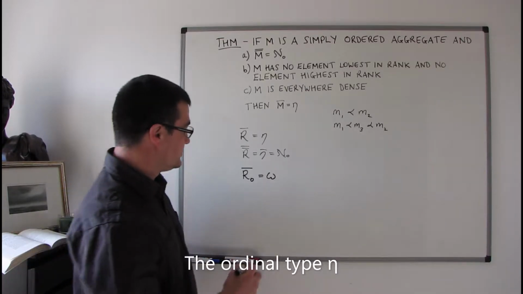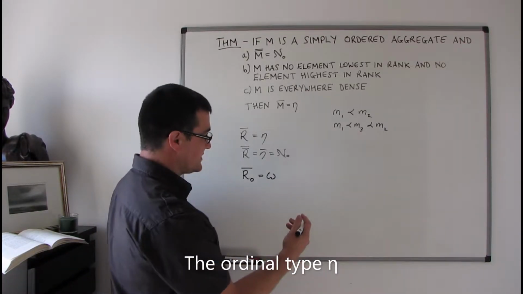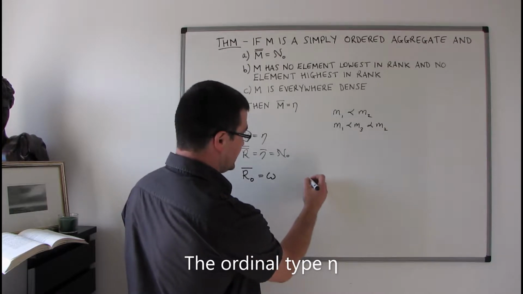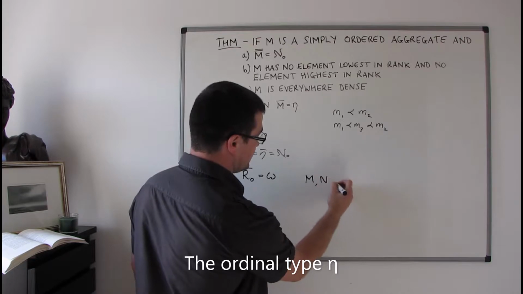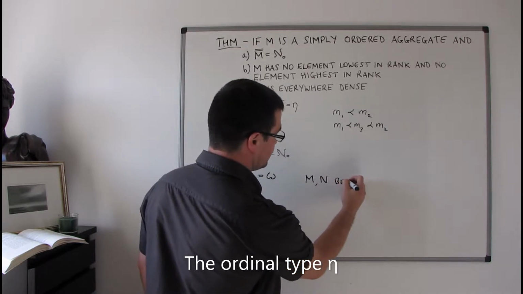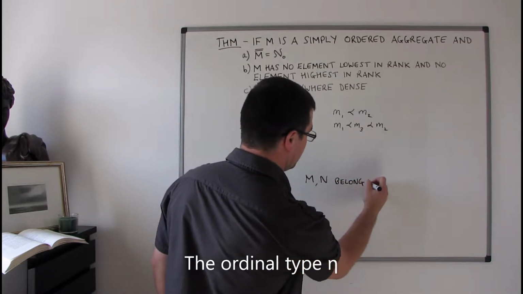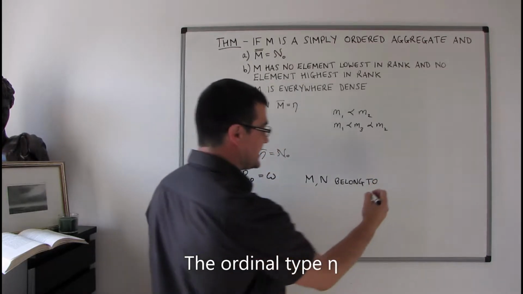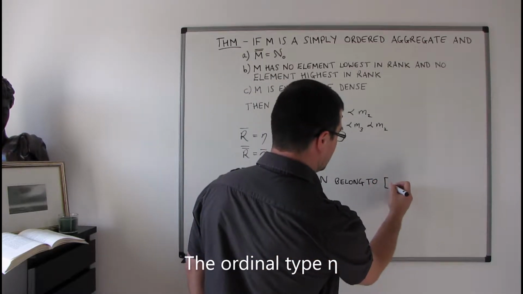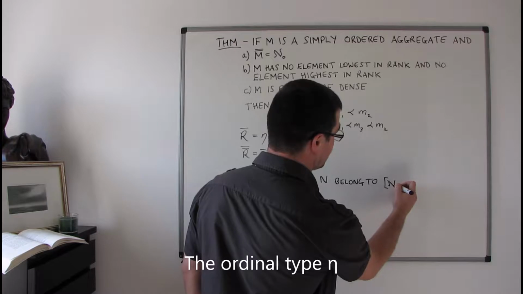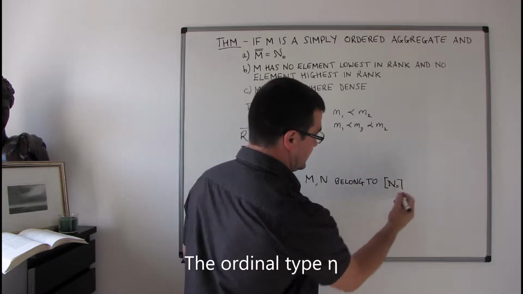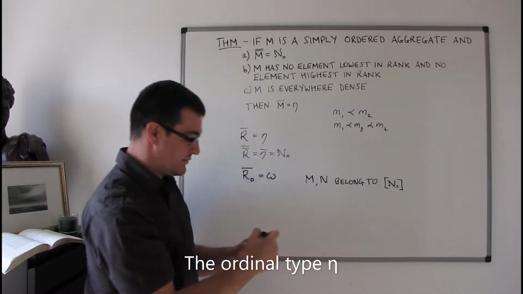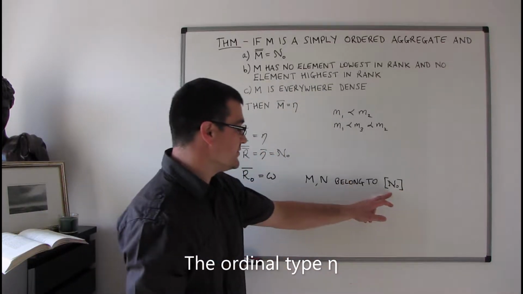And also, something else that needs to be pointed out is if M and N belong to the class of types, particularly Aleph naught, but actually this would apply to any other class of types as well, but I'm going to stick with Aleph naught because that's the one that we're going to be using.